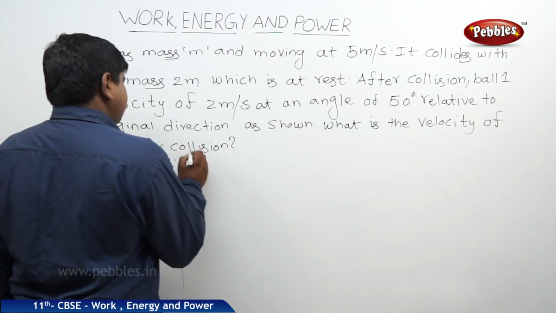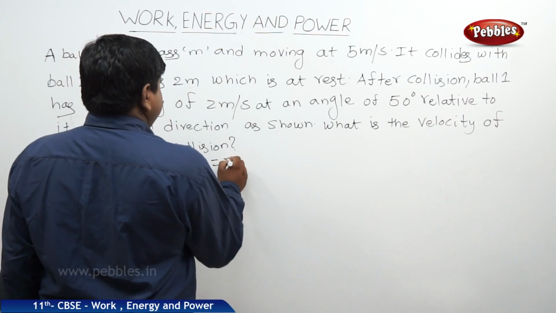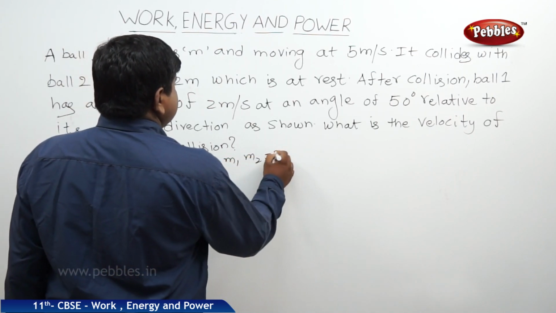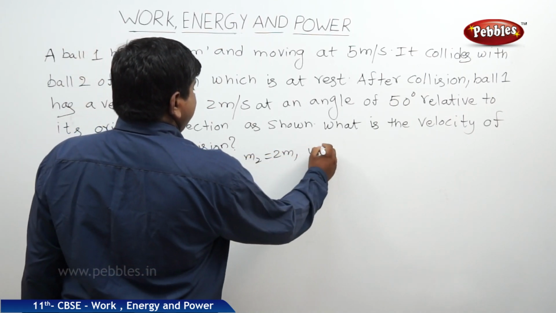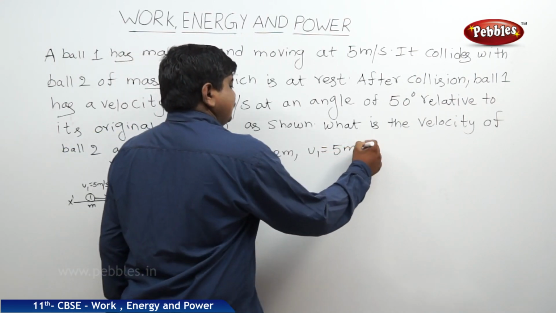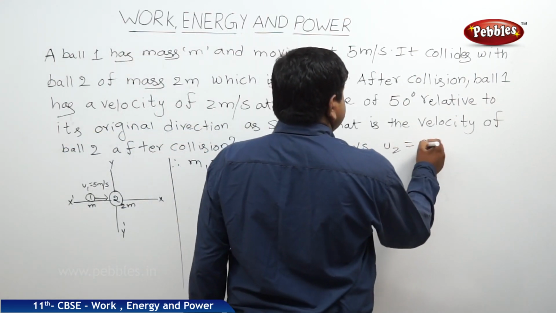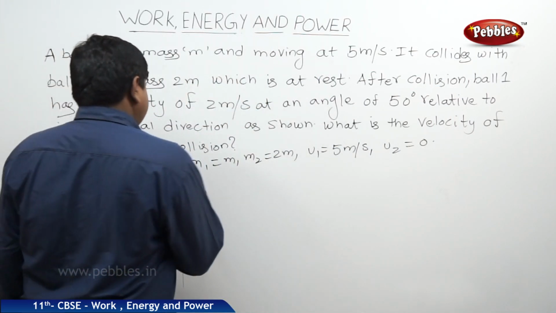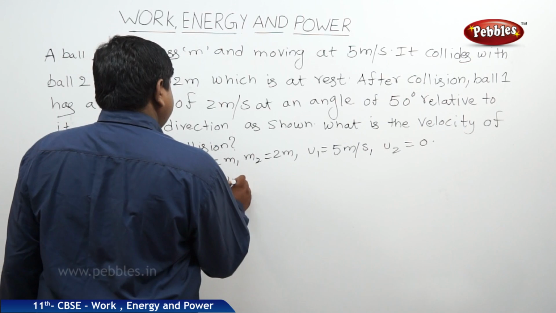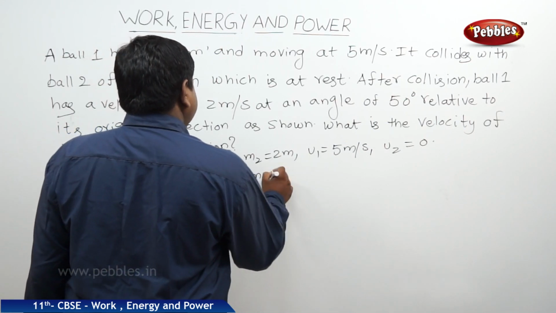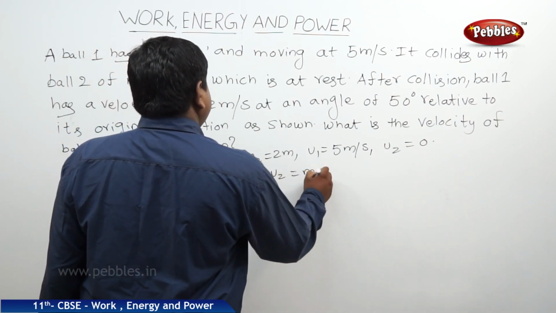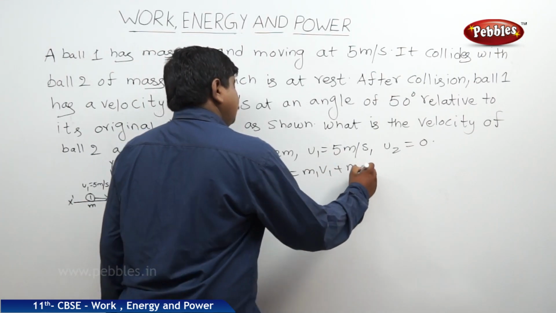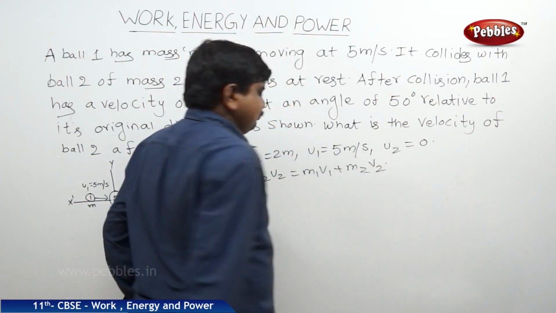So, m1 is m, m2 is 2m, u1 is 5 meters per second, but u2 is 0. So, we know that m1 u1 plus m2 u2 is equal to m1 v1 plus m2 v2.